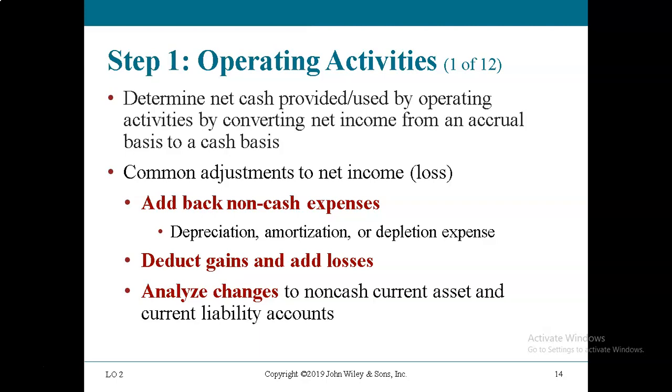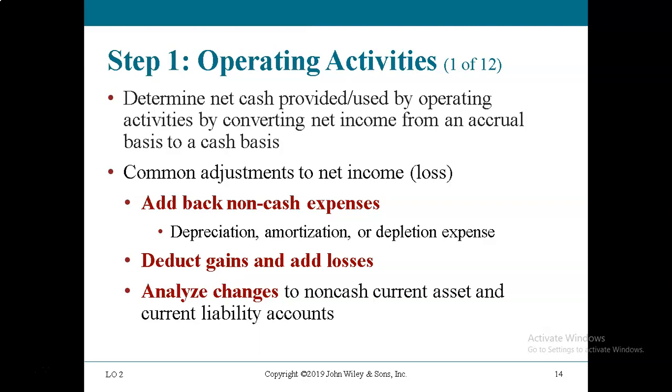Now for the operating activity section, we're going to focus on doing the indirect method. Remember, the indirect method has net income. So if you put net income in the operating activity section, you have to make some adjustments. The reason why is because net income is on the accrual basis. So when you get net income, you have to subtract depreciation expense.